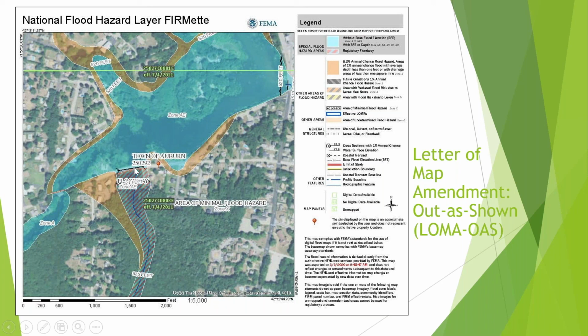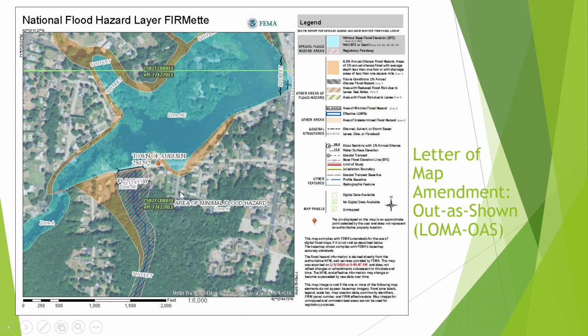That's blue also. Okay, so you can see this little marker is not in the 500-year floodplain, it's not in the 1% chance floodplain, and it's not in the floodway. Although some of those may be on the property, so that's where you have to find out where the property actually is and where the structure is.